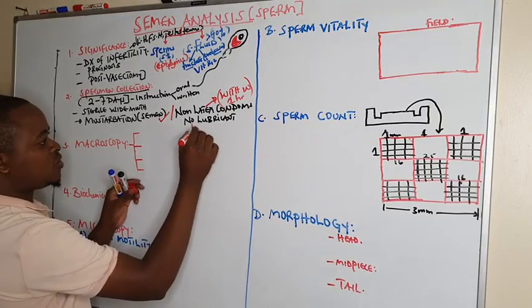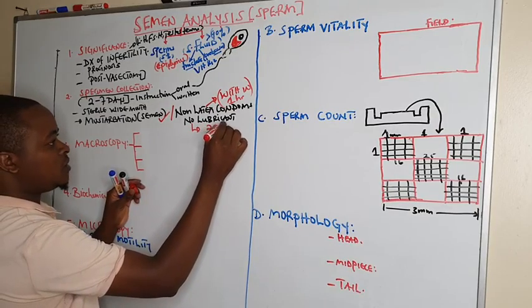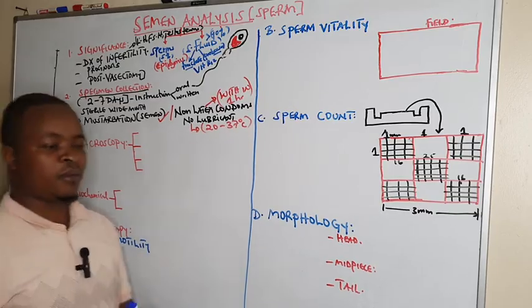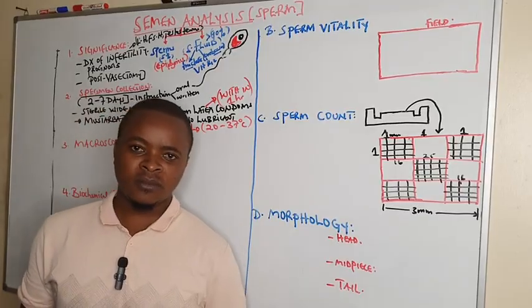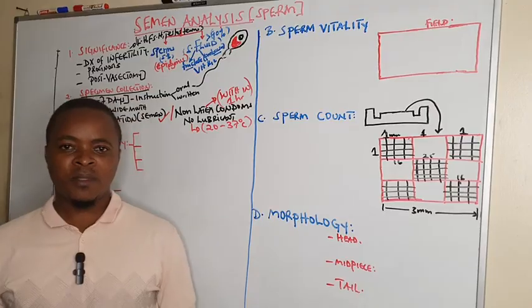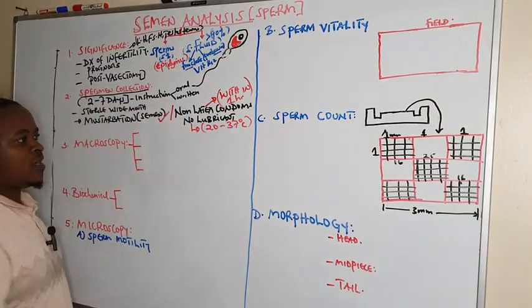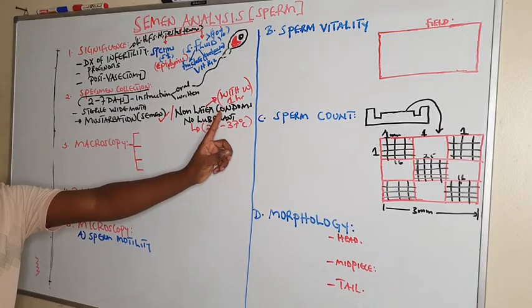During transportation, we must maintain the temperature between 20 to 37 degrees centigrade. So you can instruct the patient to put the container in the pocket to keep it as warm as possible, close to 37 degrees centigrade, but it must be within 1 hour of collection.